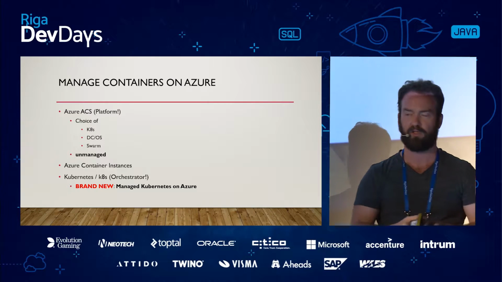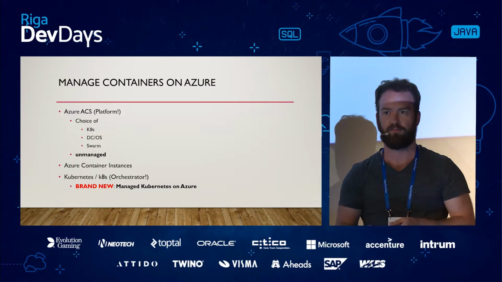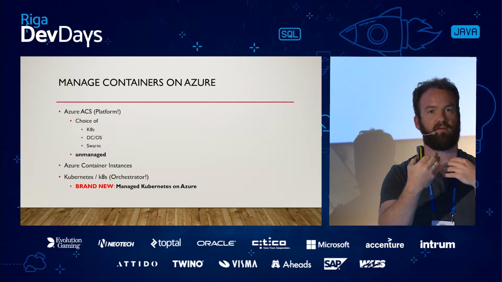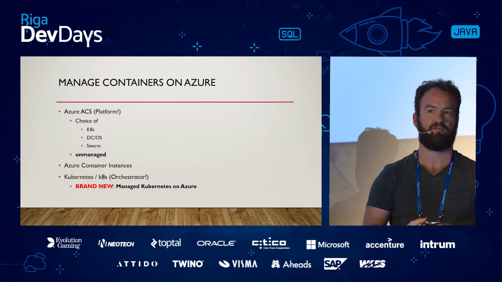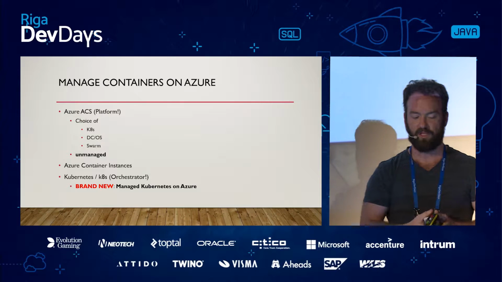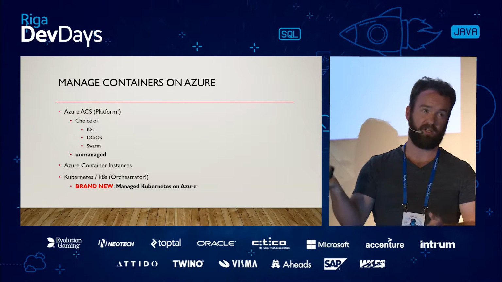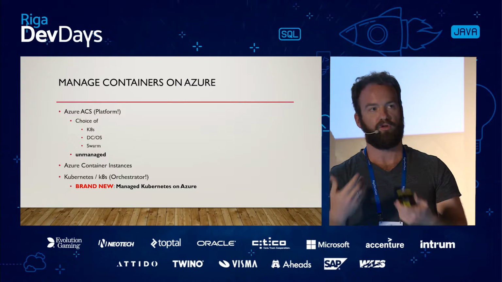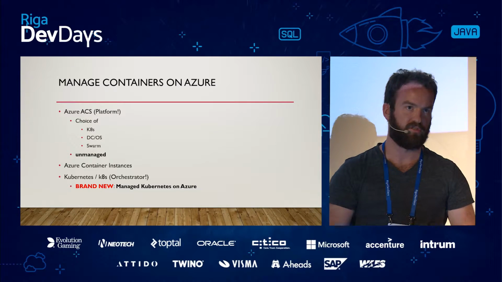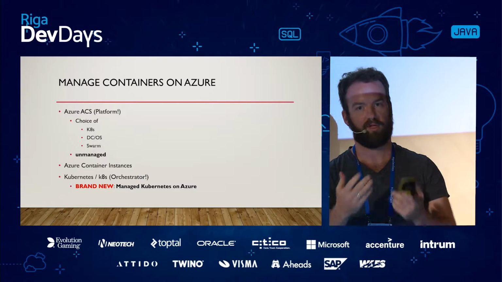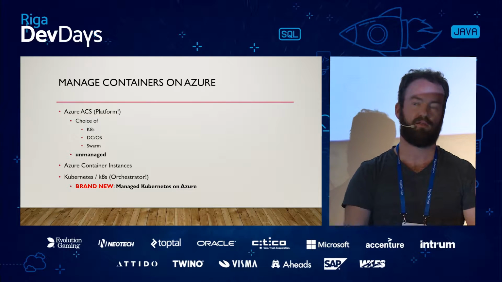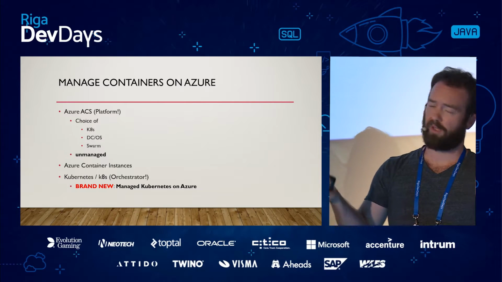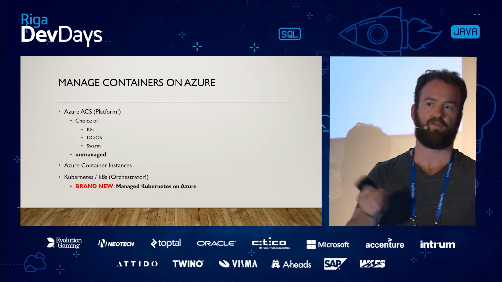AWS has something, I think they call it Fargate, where you just point them at an image and they spin one container up of that image. It's a pretty nice feature for build agents, where all you need is that one build agent, you bring it up, it's there for a couple of minutes, and then they spin it back down. Plus they also charge you by the second for that, I think.